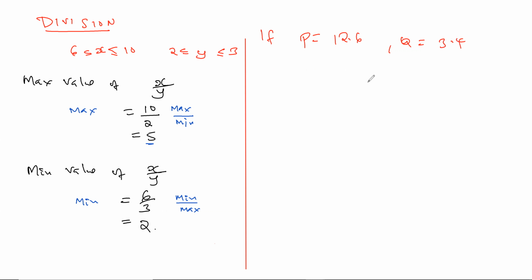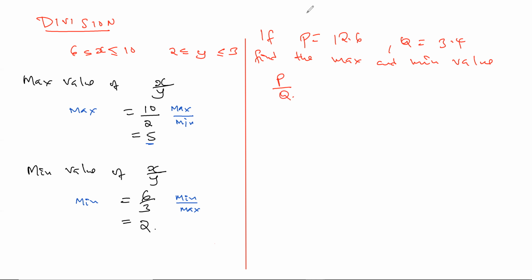So the question is, find the max and the minimum values of the following. Not of the following, just find the max, okay, yeah, of the following actually. And that operation that I'm talking about is P divided by Q.